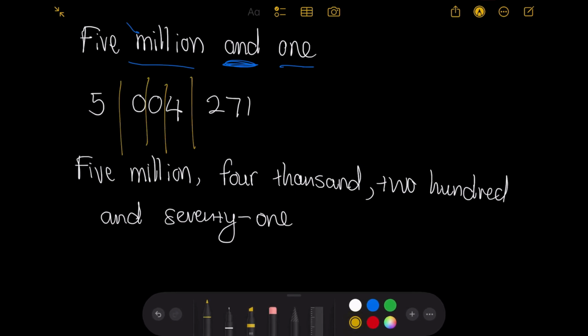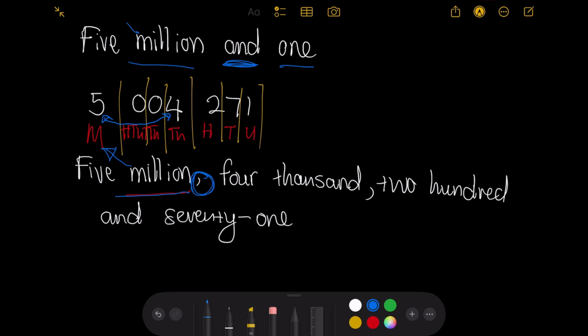Then always remember it always follows the same sort of format, right? This would form part of your millions. Then as you transition from here to there, you see that there's actually some value here between the millions and the thousands, and that's why you would use the comma, because it's not all zeros.